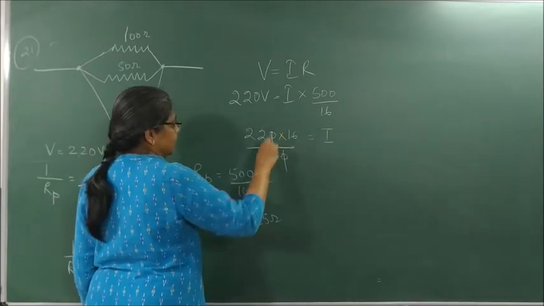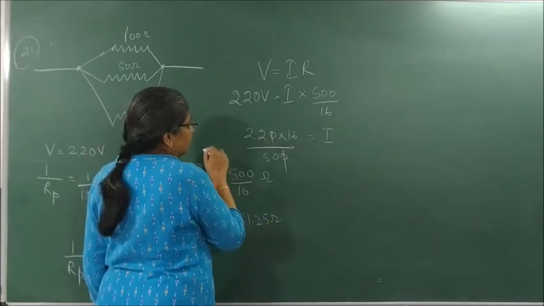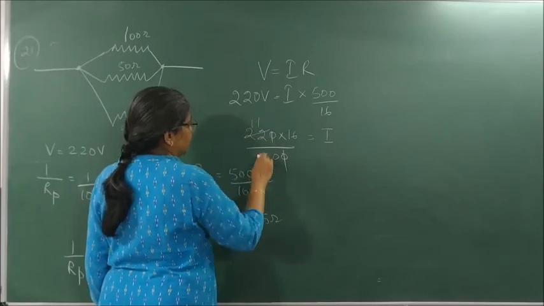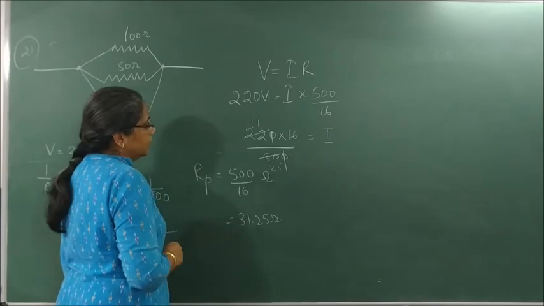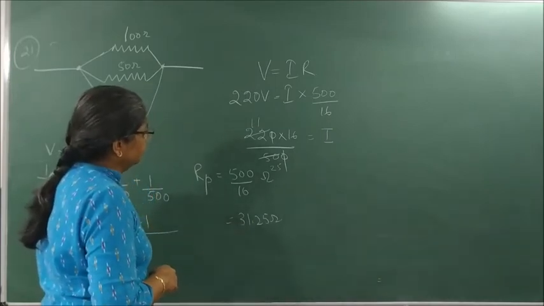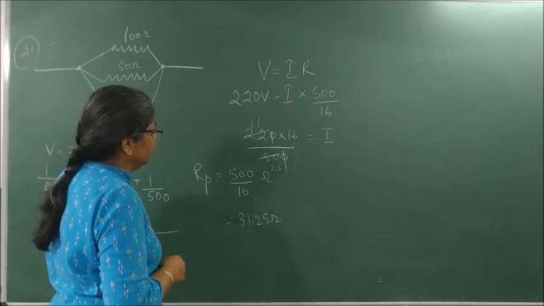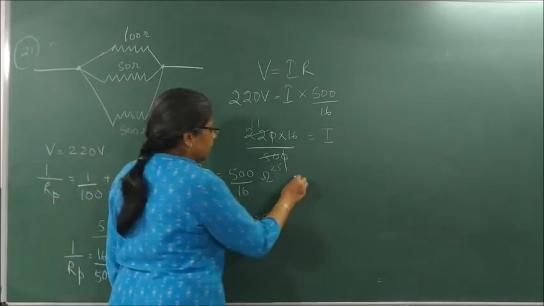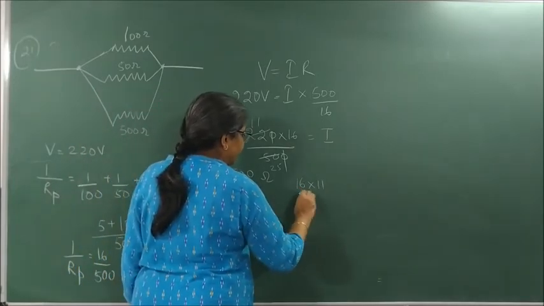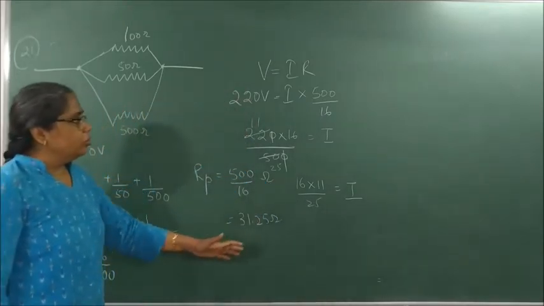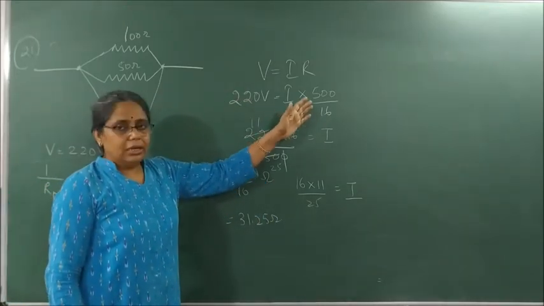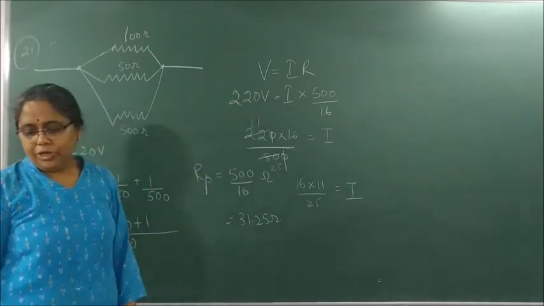So cancel this. 2 ones are 2, 5 fives are 25. That much only, no? Something else can be divided? I don't think so. Multiply 16 into 11 by 25. You will get your answer as I. Or if you don't want to do this circus, directly take 220 by 31.25.